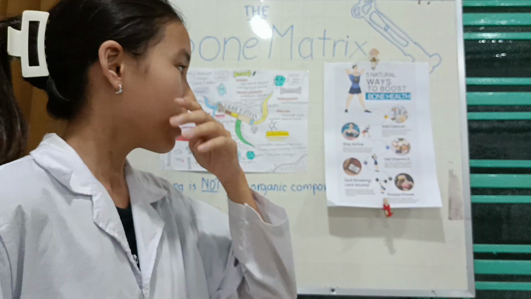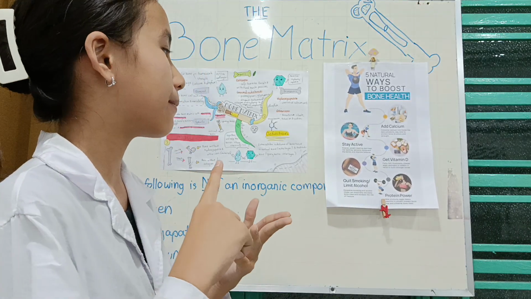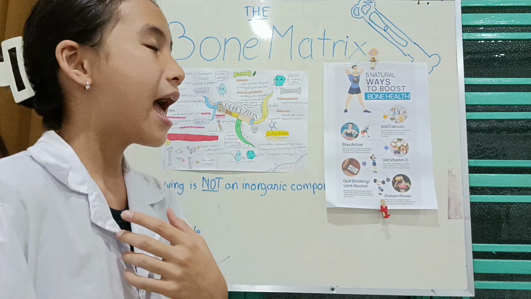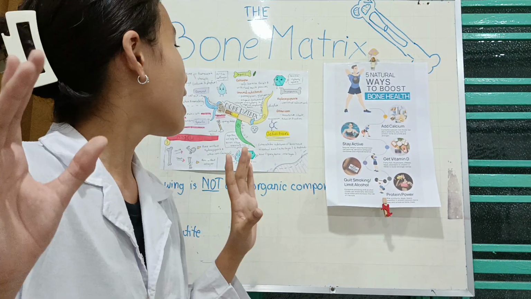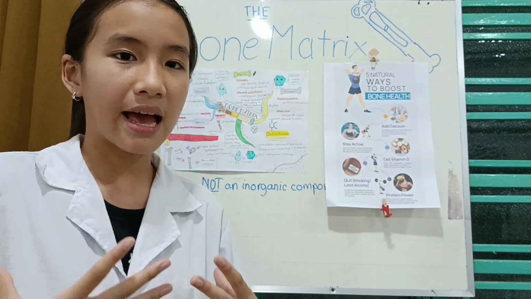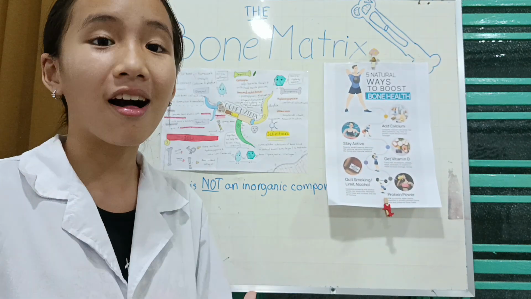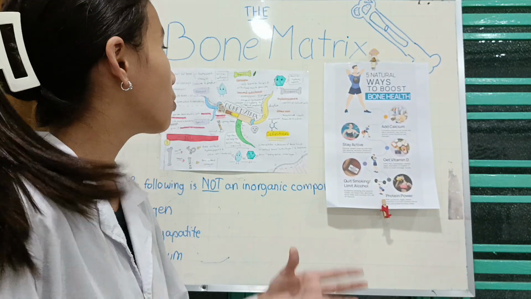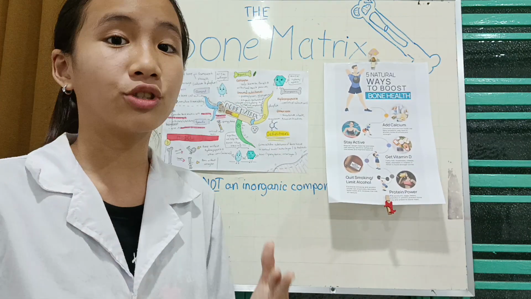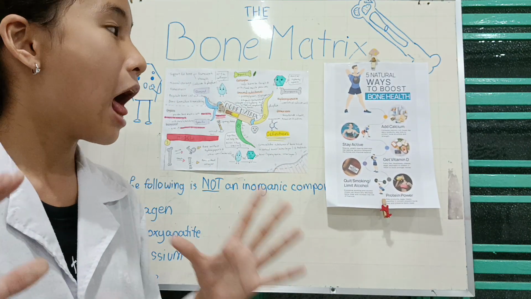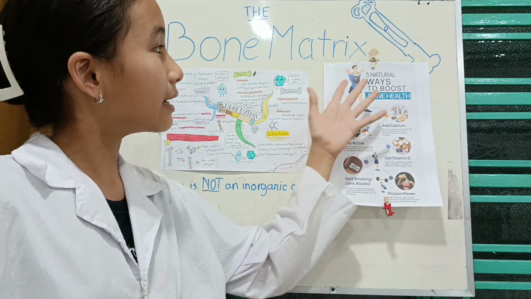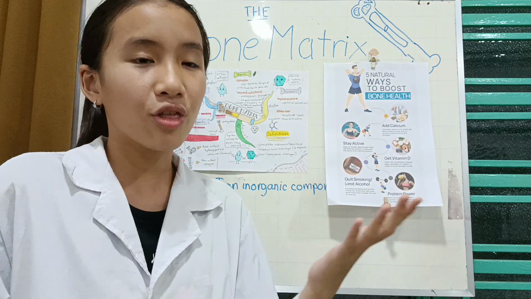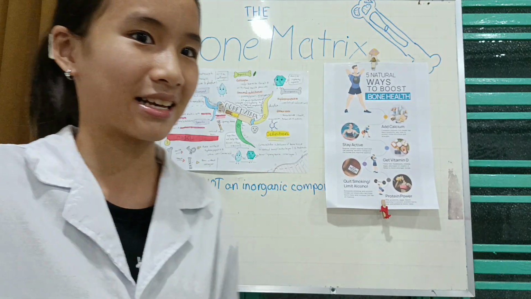Add calcium, stay active, get vitamin D, quit smoking, limit alcohol, protein power, and also one more thing, which is drink and eat things that have collagen in them, so that our body can consume more collagen and help with the bone matrix health and also the overall health of the bone. So yeah, that is the ways to boost bone health, which is bone matrix health as well.